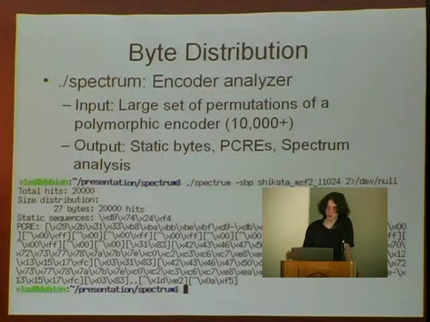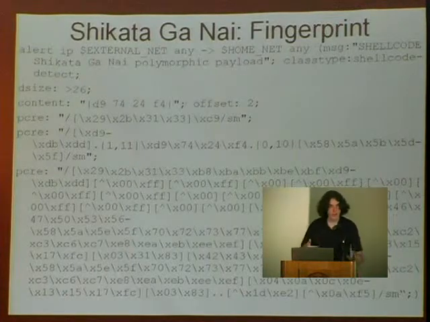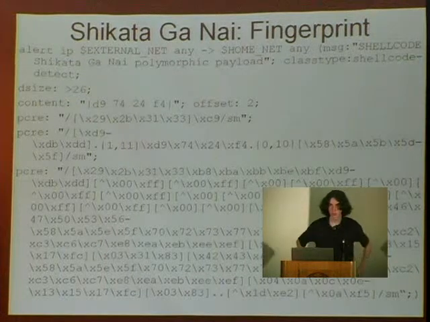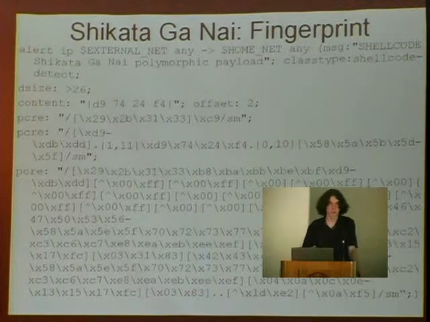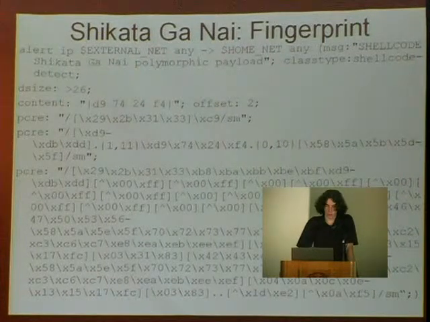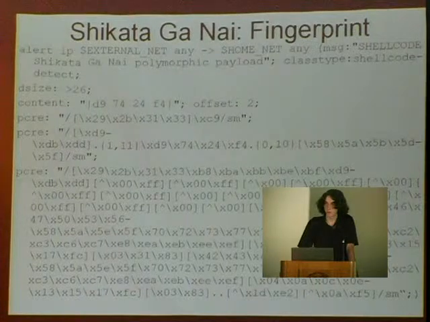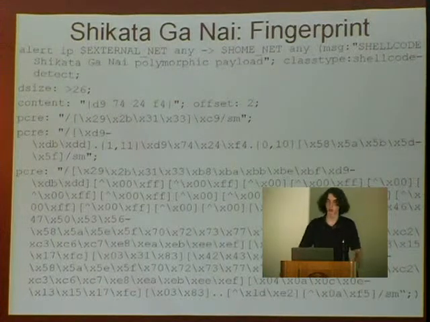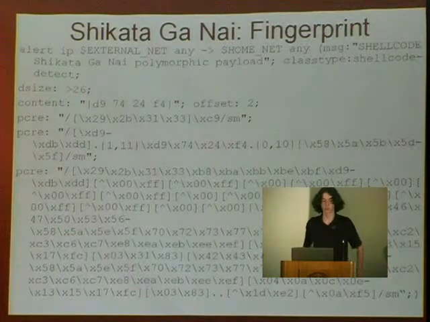So this narrows the fingerprint down considerably, because now we have something that fingerprints the entire encoder based on the byte distribution of it. And so this is just a large, ugly Snort fingerprint, which fingerprints the Metasploit Framework 2 version of Shikata Ga Nai, which are less than 1024 bytes.